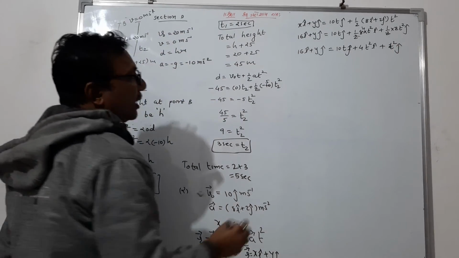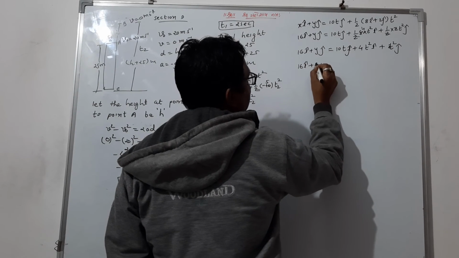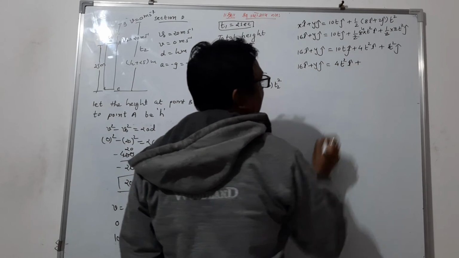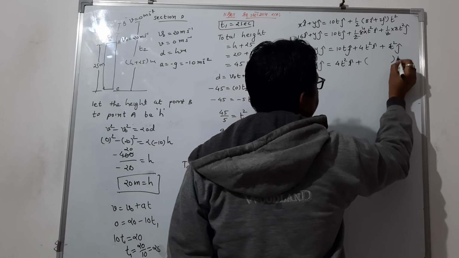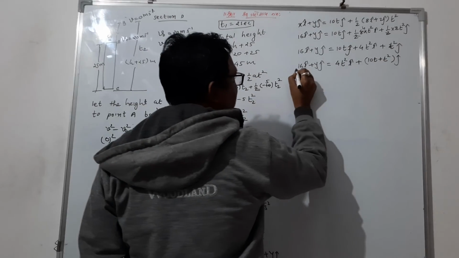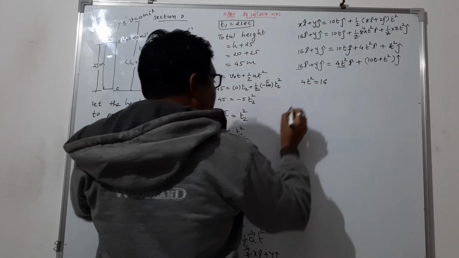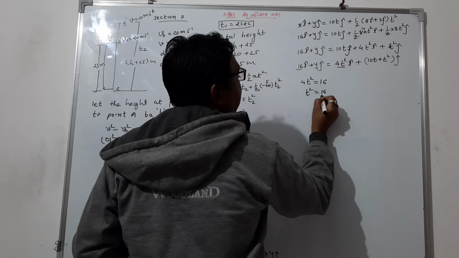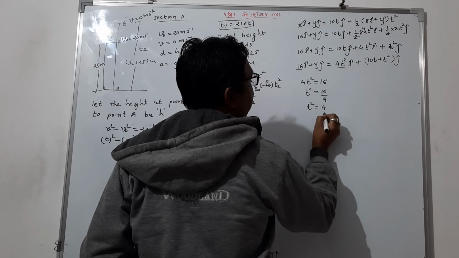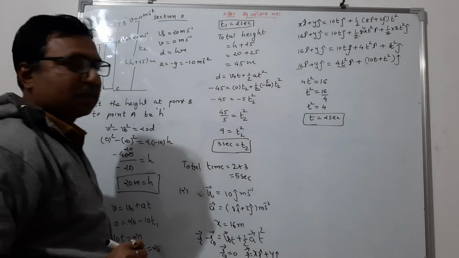Now put together the i and j components. 16i plus yj is equal to 4t square i, and the j part is 10t plus t square. Now compare these both. 4t square is equal to 16, so t square is equal to 16 upon 4, so t square is equal to 4, t is equal to 2 seconds over here. This is your first answer.